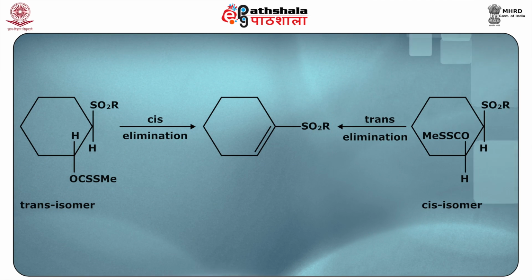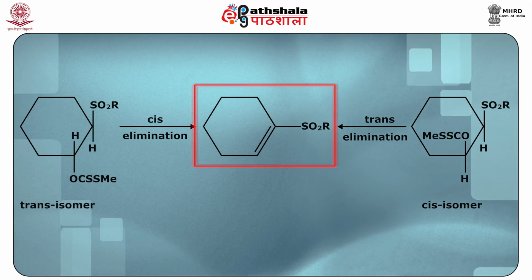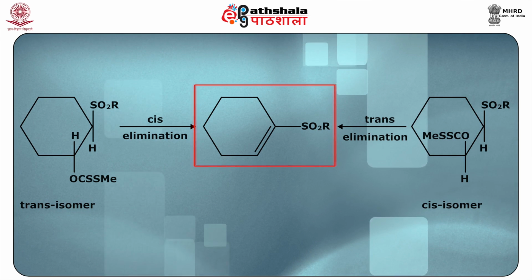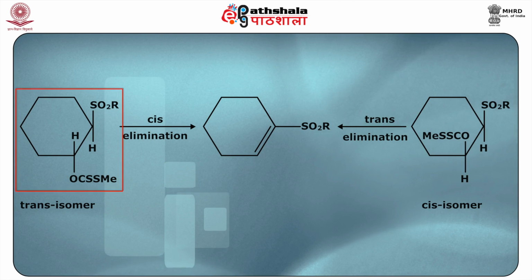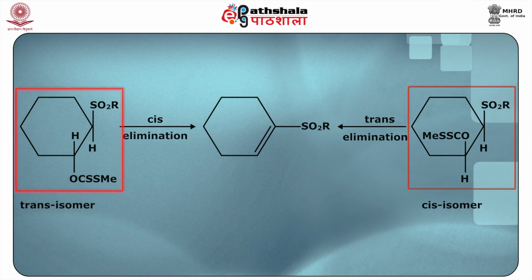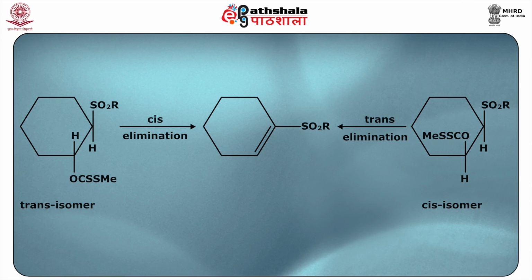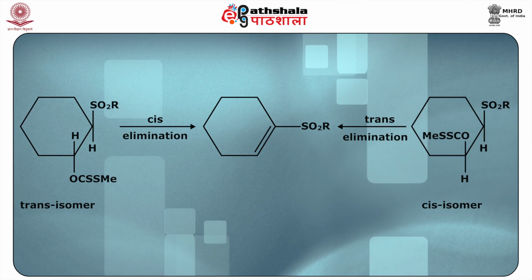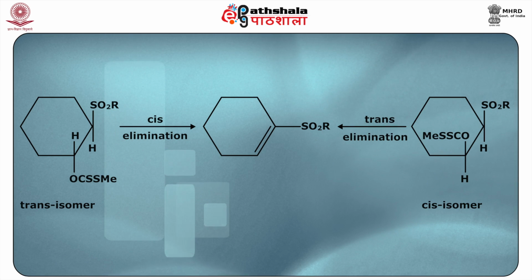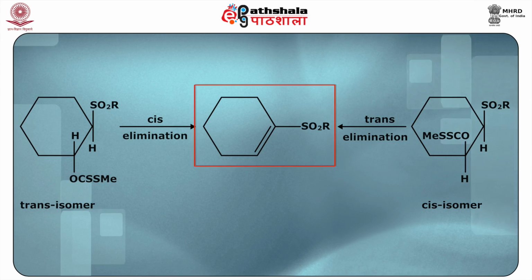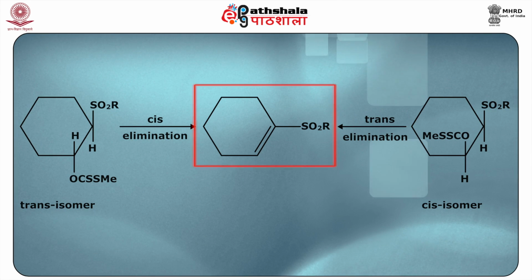As you can see in this reaction, the 1-alkyl sulfonyl 1-cyclohexene is the final product. Either we start from trans compound or cis compound, the product in both the cases is the same. The trans compound undergoes cis-elimination, whereas the cis compound undergoes trans-elimination, and that is why the product is the same.